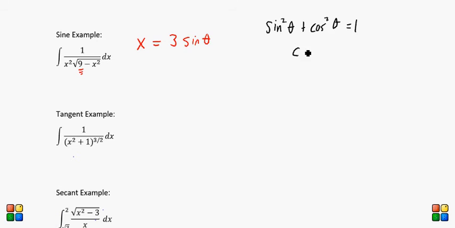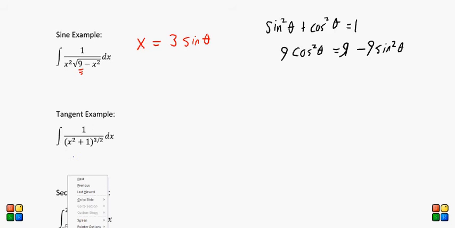And that means cosine squared theta is the same as 1 minus sine squared theta. And if I multiply each side by 9, I'll get 9 cosine squared theta equals 9 minus 9 sine squared theta.